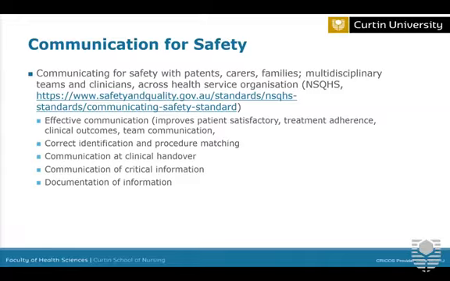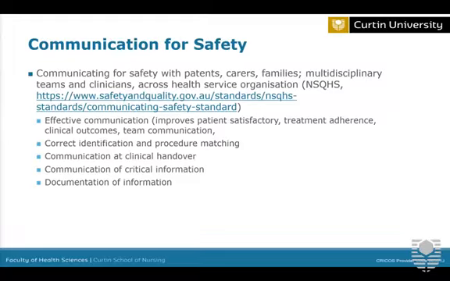So when we're thinking around effective communication, we're thinking to improve patient satisfaction with care, that we've delivered person-centred care and that it's been appropriate and understood, that we get treatment adherence and clinical outcomes and team communication agreements.